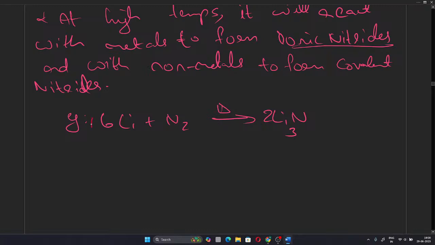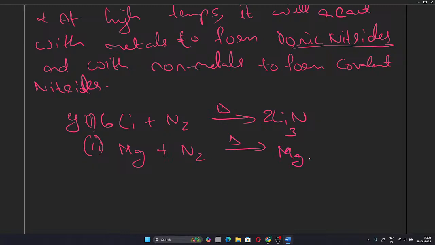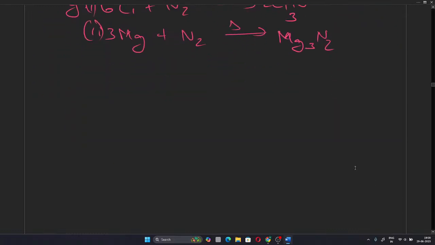And the second reaction: Mg plus N2, heating, will give Mg3N2, that is 3 Mg plus N2 gives Mg3N2. These are the reactions.